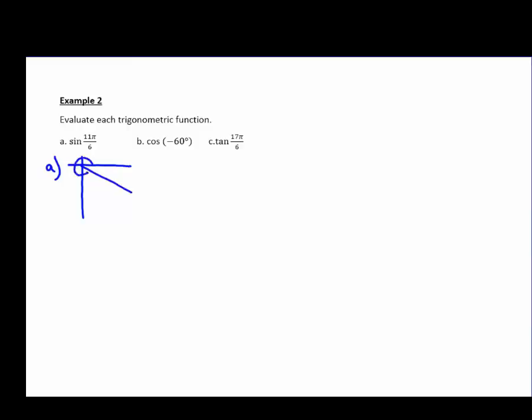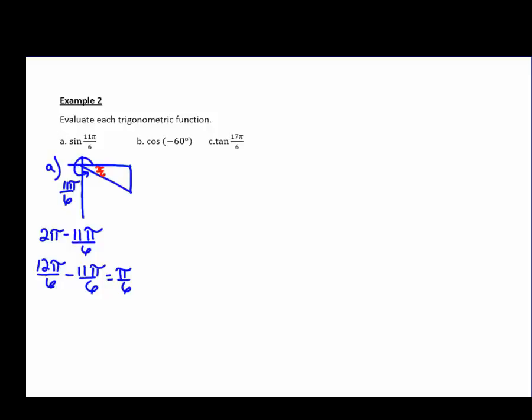So this angle here is 11 pi over 6, which means that the reference angle is going to be pi over 6, because then that will make it a full circle. So 2 pi minus 11 pi over 6 is the same thing as saying 12 pi over 6 minus 11 pi over 6. And so that's where our pi over 6 as the reference angle comes from.